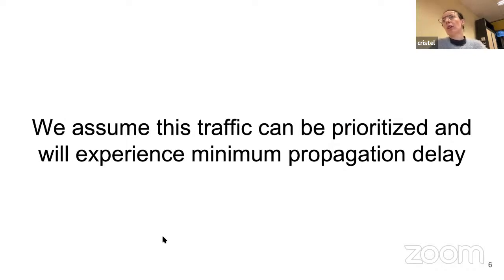So behind this work, there is a set of assumptions. And the assumption is that for this traffic that has very strict constraints on the delay, we assume it can be prioritized, and we assume it can meet the minimum propagation delay. So why do we make this assumption?